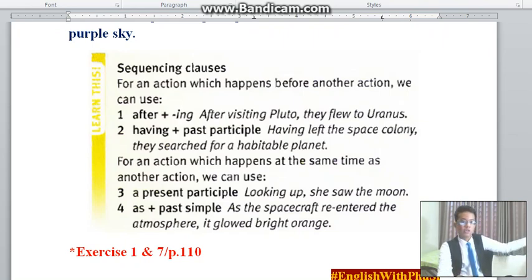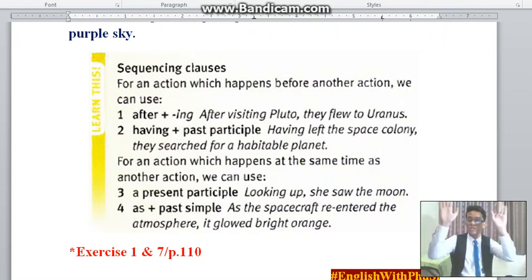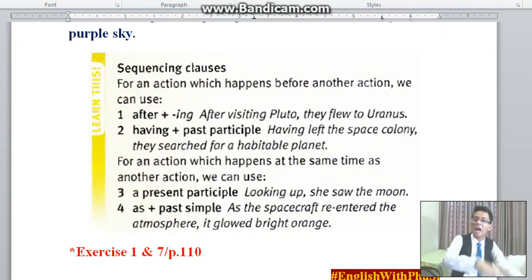To describe every action, every detail of what was happening, use the past simple. And remember the sequencing clauses once more: for an action before another action, after plus verb ing, or having plus past participle. For actions happening at the same time, you can use the present participle or as plus past simple. Examples are all over there, folks.